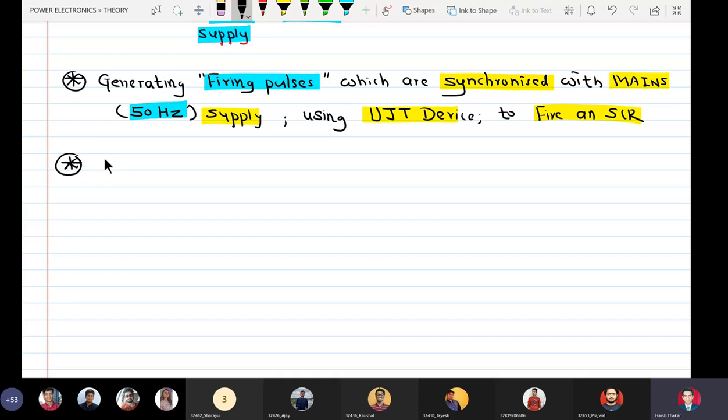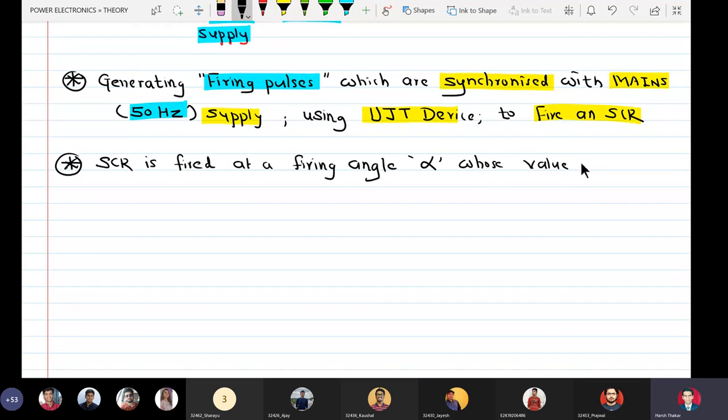Now all of us know that SCR is fired at a firing angle alpha whose value ranges from greater than 0 degrees to less than equal to 180 degrees.